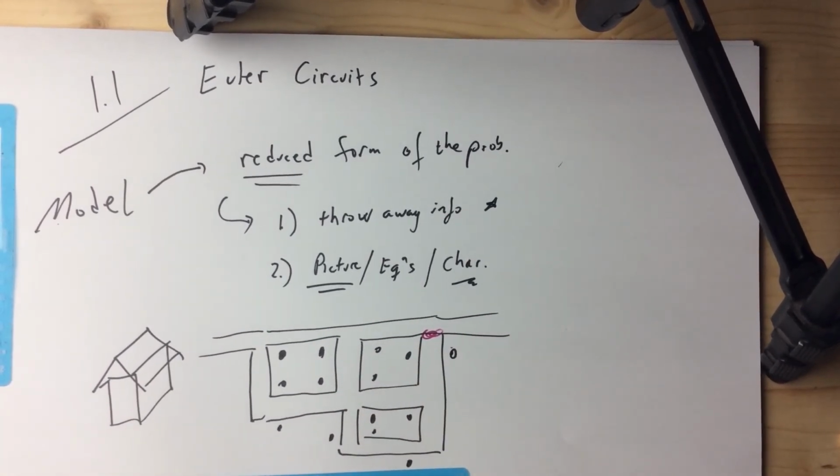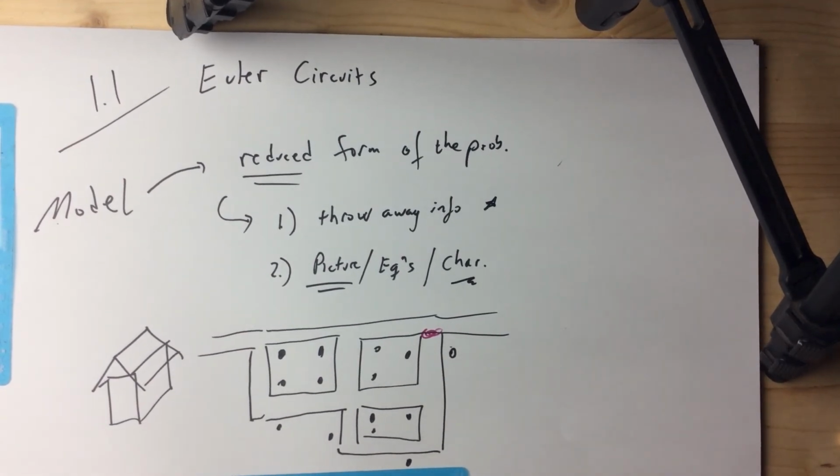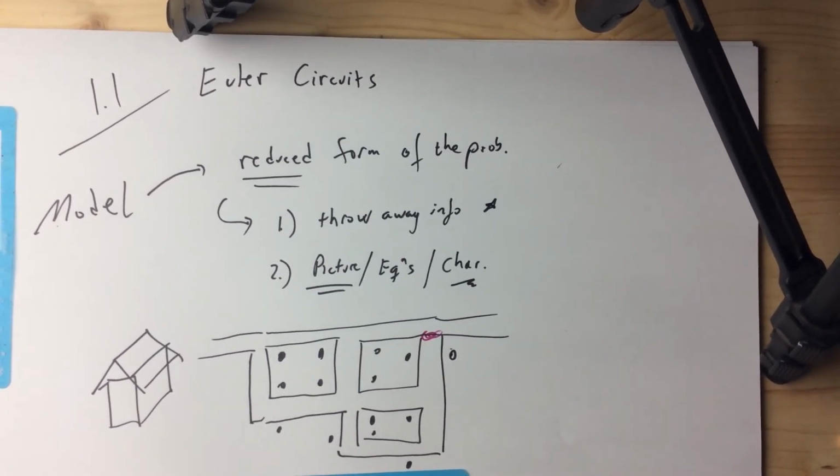Now, if I don't tell you which way the houses are facing or the driveways, these roads could have a particular use, and, well, it could present a difficulty in our problem. So let's just do the following.